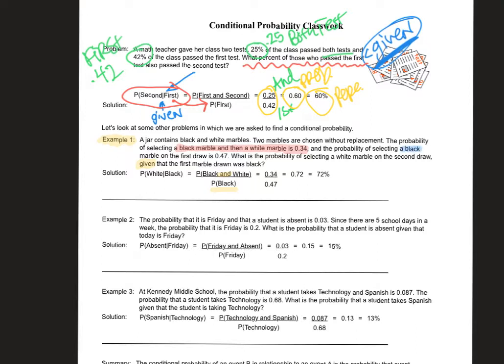So you're going to do your and probability, which is 0.34, divided by 0.47.